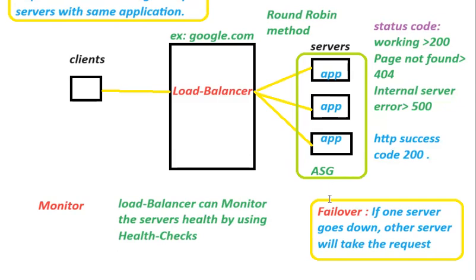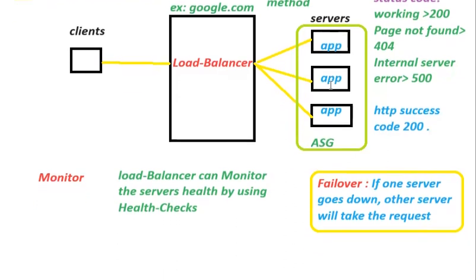By using this auto scaling, what happens? There is zero tolerance provided by my application servers. So what is this zero tolerance, sir? It means unavailability.